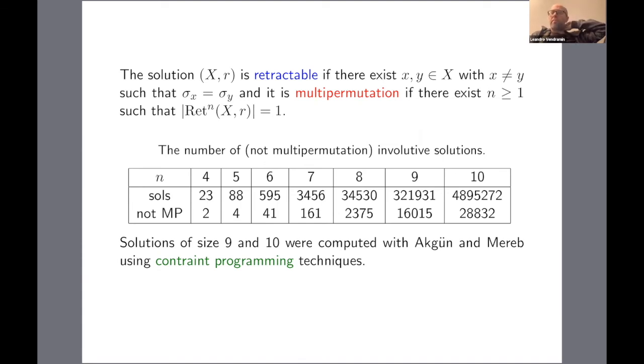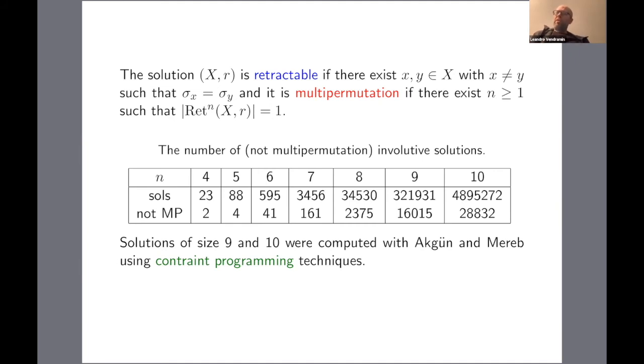Almost all of them are multi-permutation, right? By the way, solutions of size 9 and 10 were recently computed in a collaboration with Agun and Martin Merev using constraint programming techniques. So we were using the combinatorics of the Yang-Baxter equation, but also this programming paradigm that is some sort of very smart backtracking, okay?